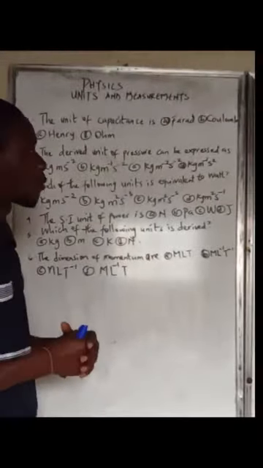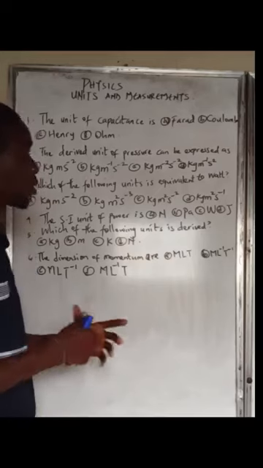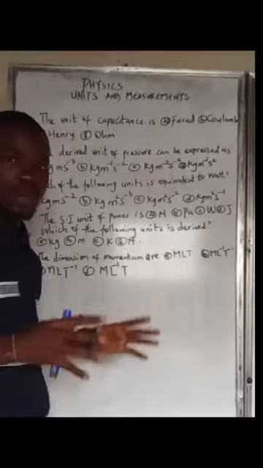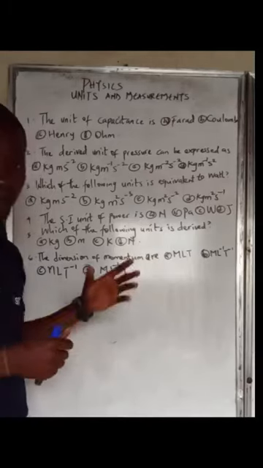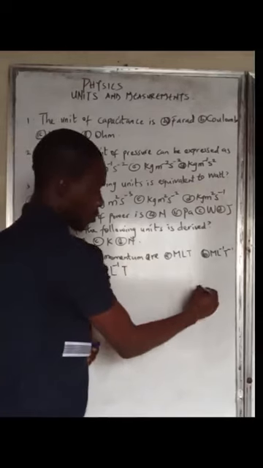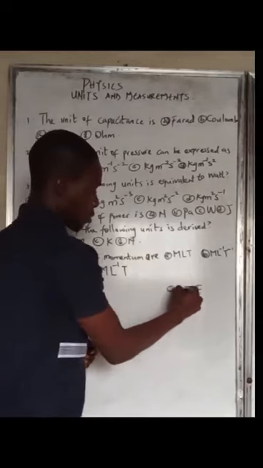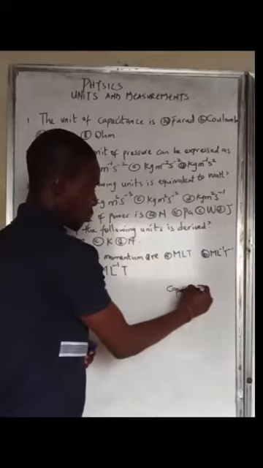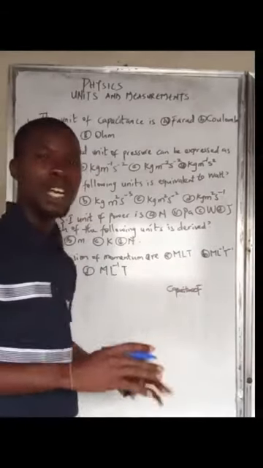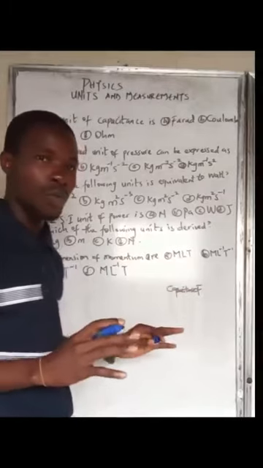Here, the first question on units says the unit of capacitance is A. Farad, B. Coulomb, C. Henry, D. Ohms. Farad, of course, is the unit for capacitance. It is symbolized F. And this farad can be measured in different ways.